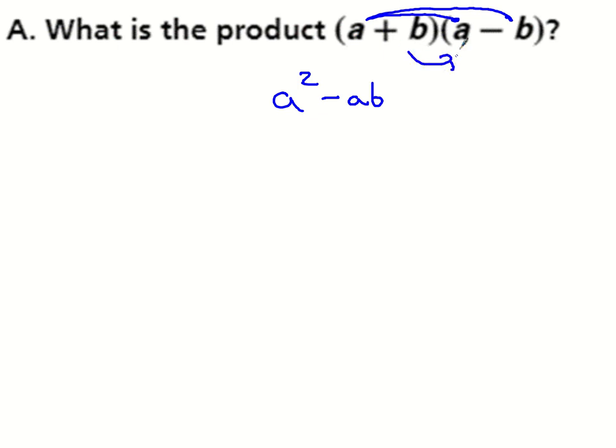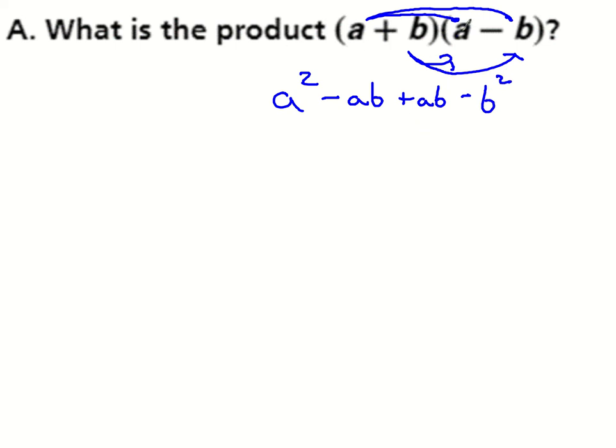Well, now if I do b times a, that's positive ab. And then I need to do b times negative b. Well, that's going to give me negative, and then b times b is b squared. Positive times a negative is negative. B times b is just b times itself, with this b squared.